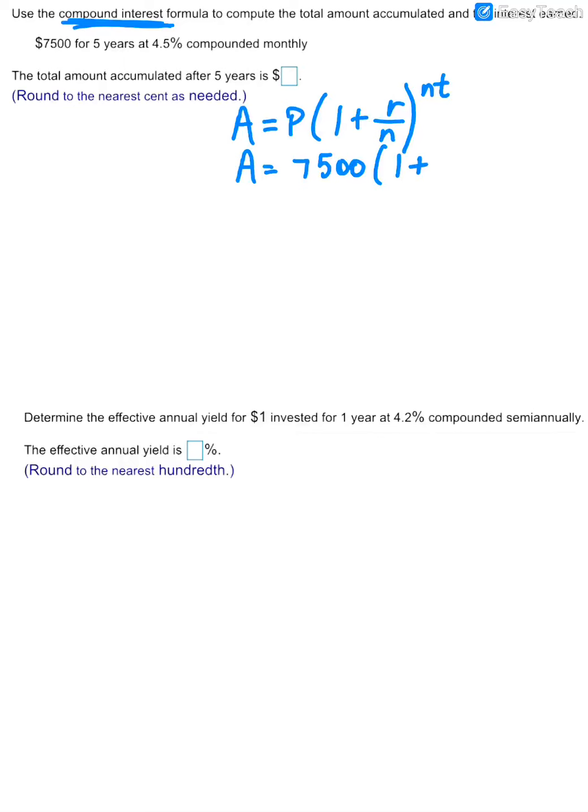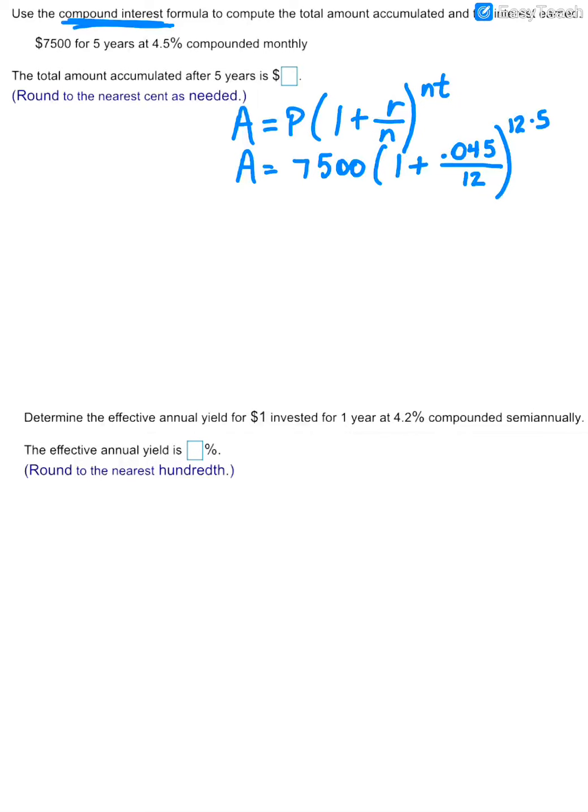And we did that at a rate of 4.5%, so remember, change it to its decimal, 0.045. It was compounded monthly, so your little n represents how many times that is a year, so monthly means 12 times a year. And then you also have that 12 as part of your power, times your t is number of years, and so in this case we have 5 years.